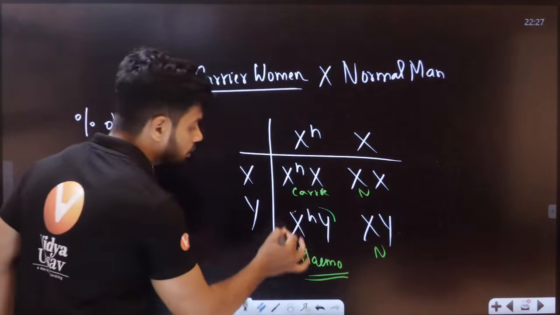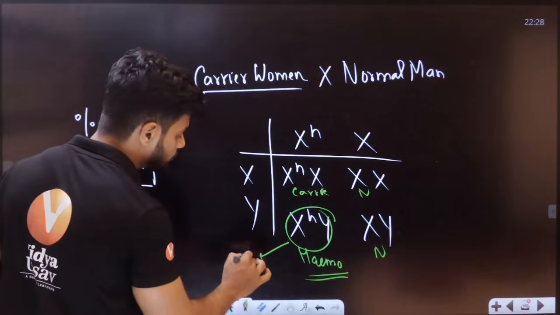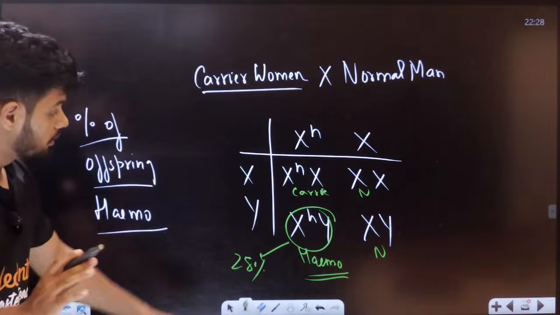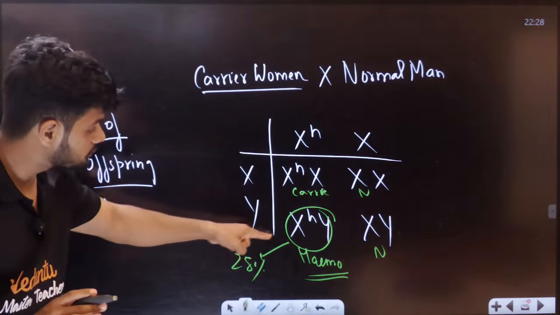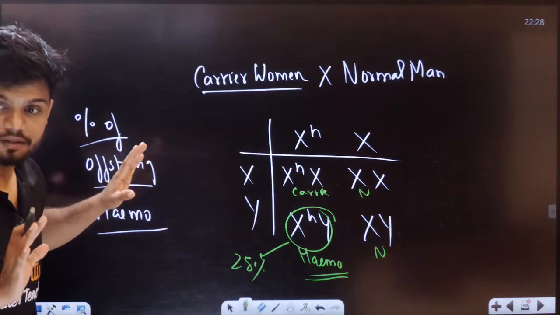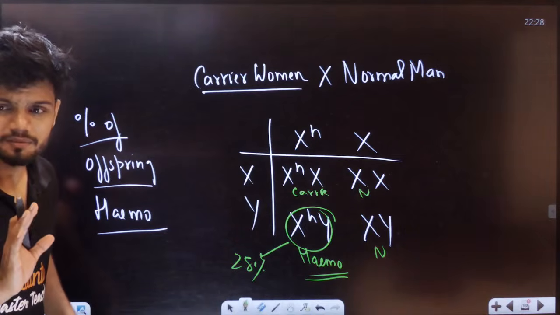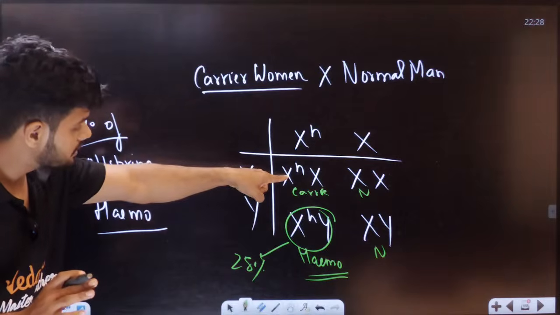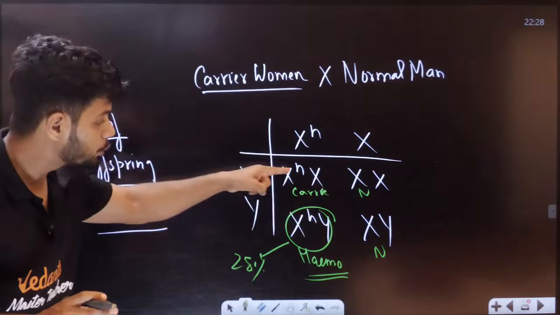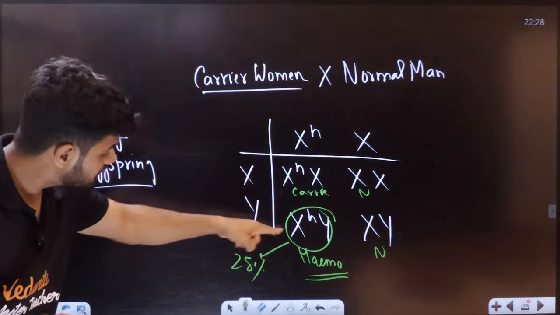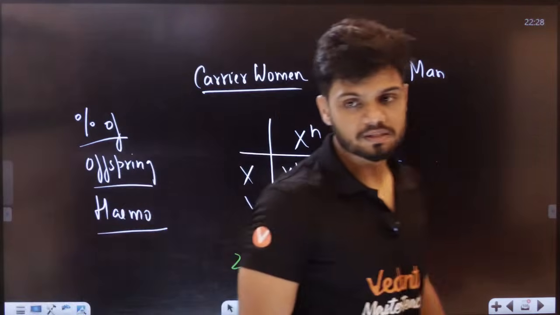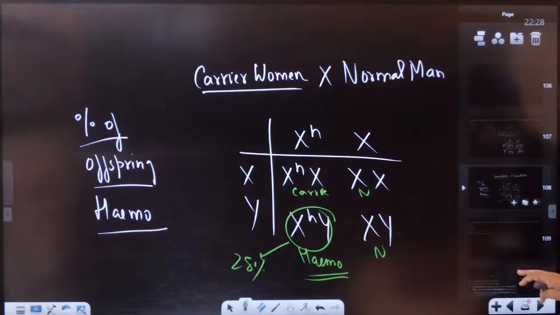So 25% of the offspring, students, not 50, Ravi. 25% are hemophilic, not 50. 50% are normal, 25% are carrier, 25% are hemophilic. Understanding? 25% are hemophilic in nature.